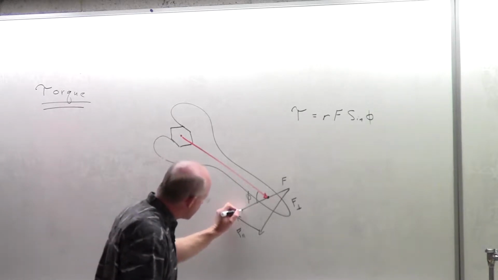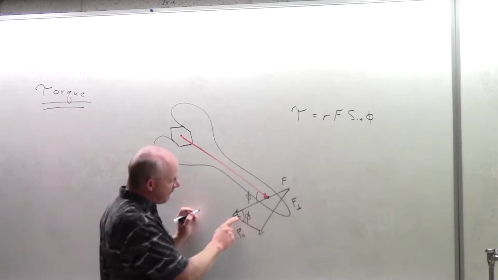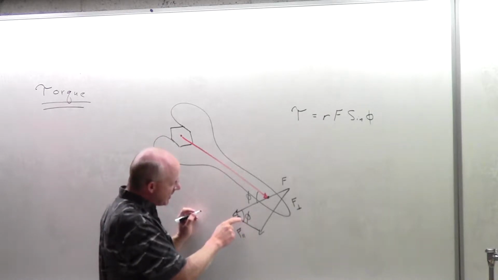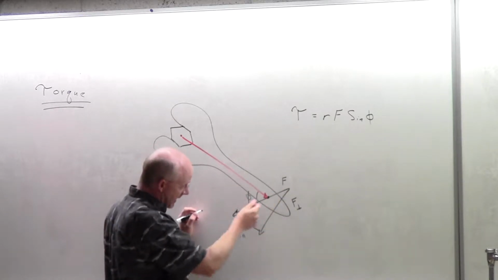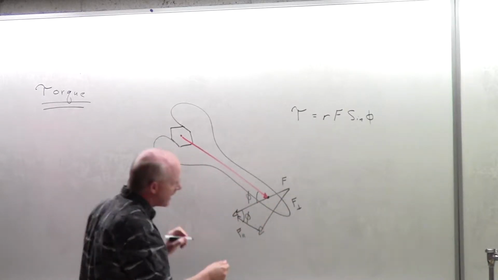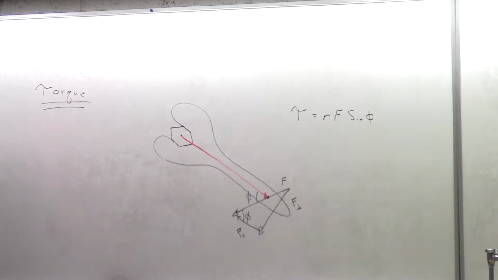In other words, this angle here is the phi. And so the part of the force that I want is F sine phi, where F is the hypotenuse, so that what I can get is how much is perpendicular. And so it's nice to talk about it in phi.